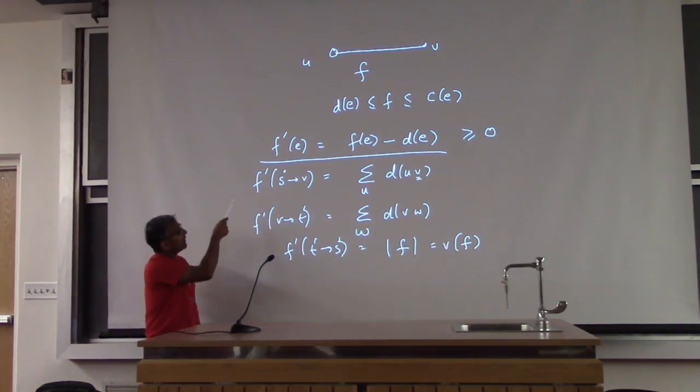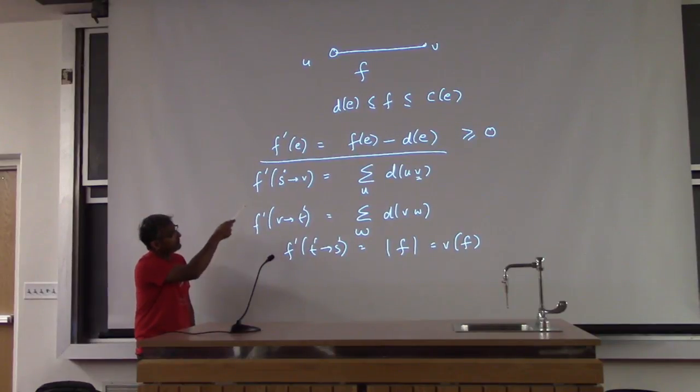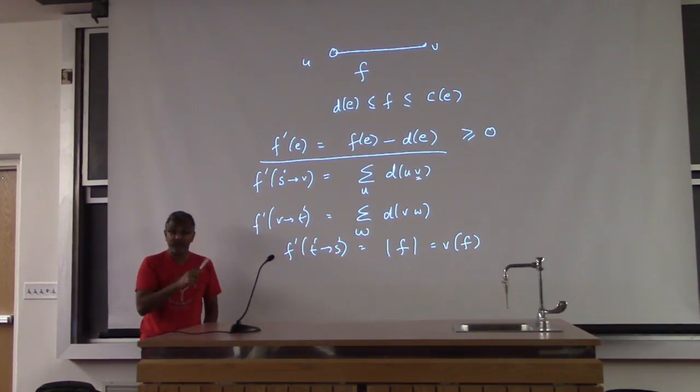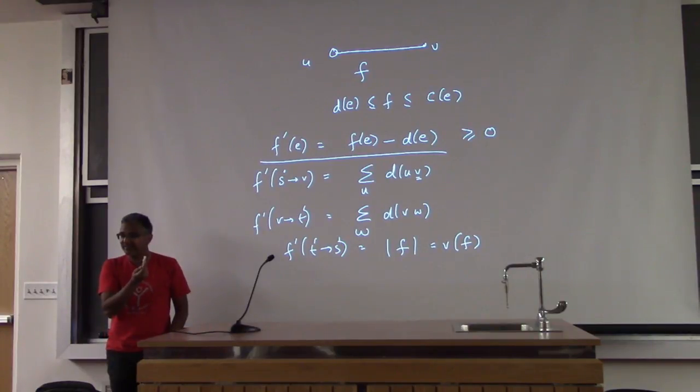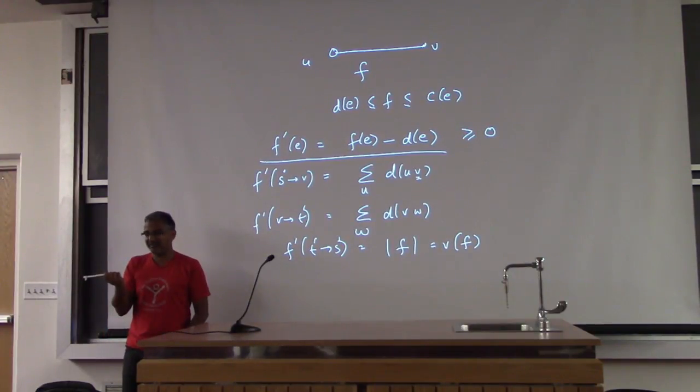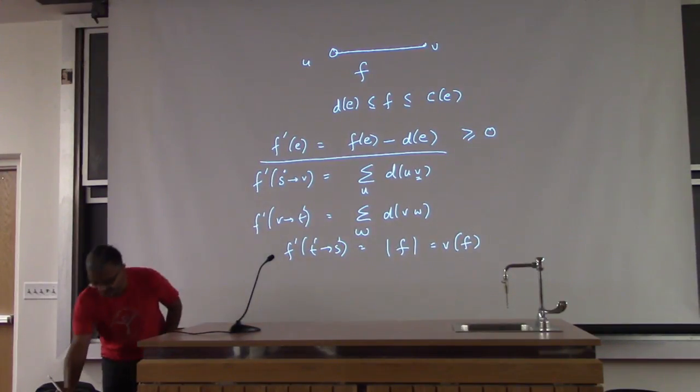Well, F prime E is equal to F E minus d E. F was feasible, so F E is less than or equal to C E. Since F E is less than or equal to C E, F prime E is less than or equal to C E minus d E. But that's the modified capacity. So let's say this correctly.